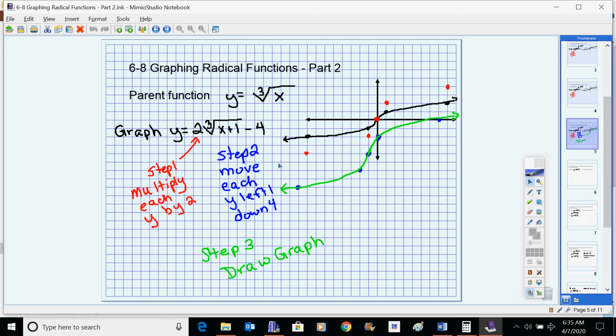Your other alternative for this would be to pick a random set of points, but the problem with that would be when you're trying to find this key anchor point where everything revolves around it, because you really need to have that to have the best idea of what's happening with the graph.